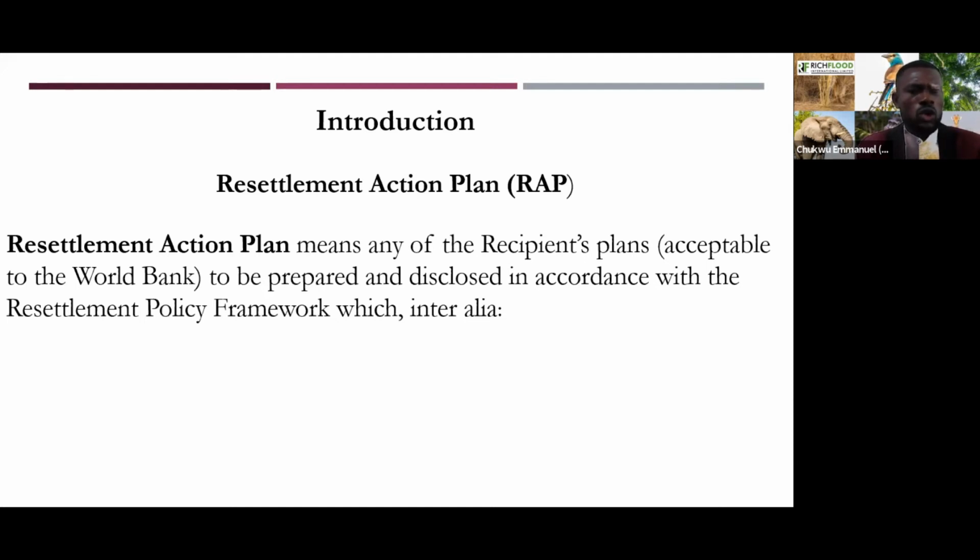The document also contains a timetable and budget for the implementation of such measures. All the procedures that have been put in place, this document, the Resettlement Action Plan, also contains the systematic timetable and the budget for the implementation of the resettlement action plan.